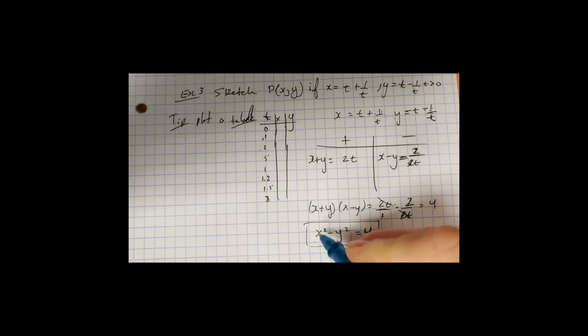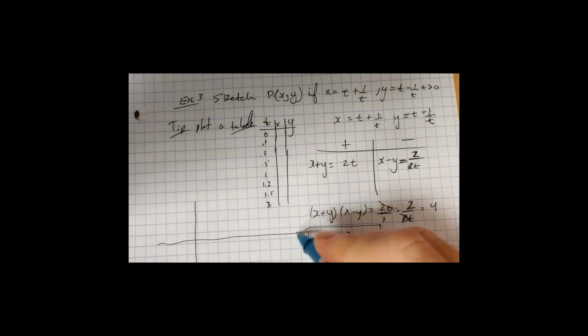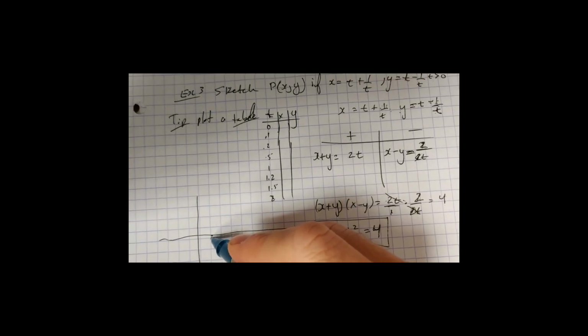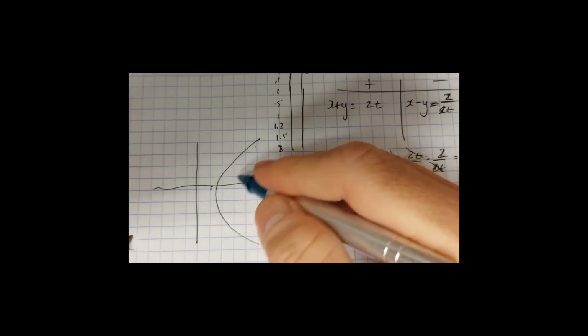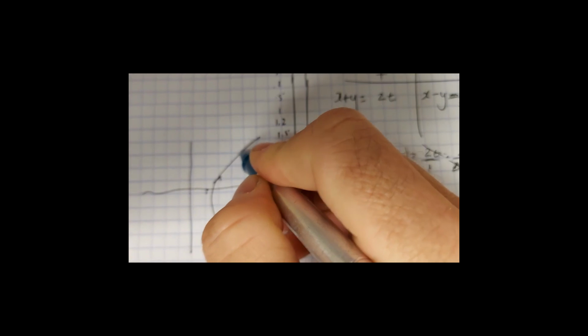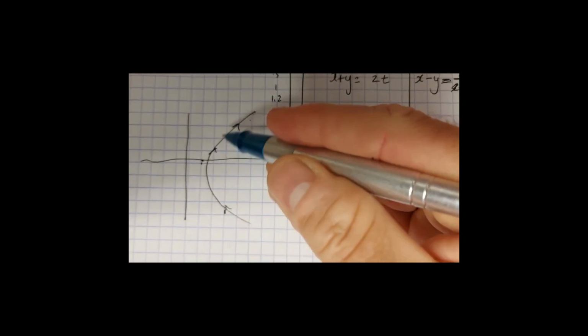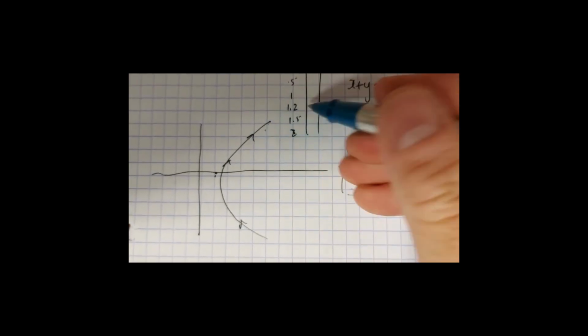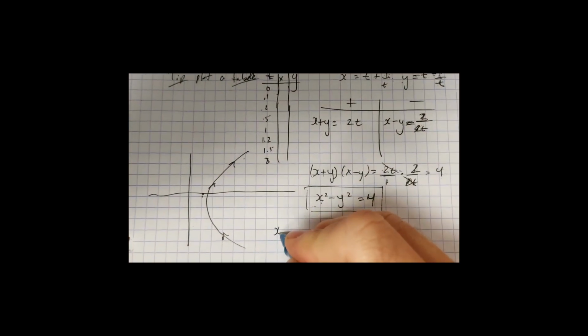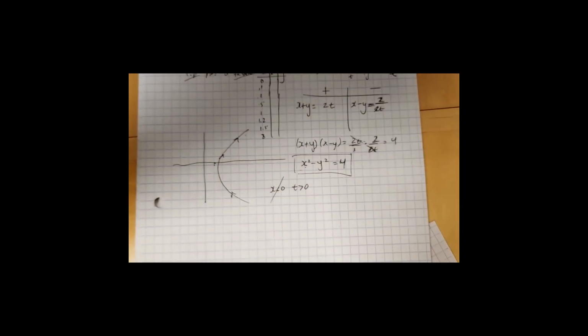So the negative x values are not going to be included, which is why, if you had plotted the curve, you would see, as a rough sketch, that the parameterization reveals this sort of hyperbola, and the direction of the curve moves from negative y values up to positive y values. So the flow of the curve is in this direction. Again, that's because x cannot be less than or equal to 0 since t is strictly greater than 0. Okay? So I hope that was helpful, and I will see you in the next video.